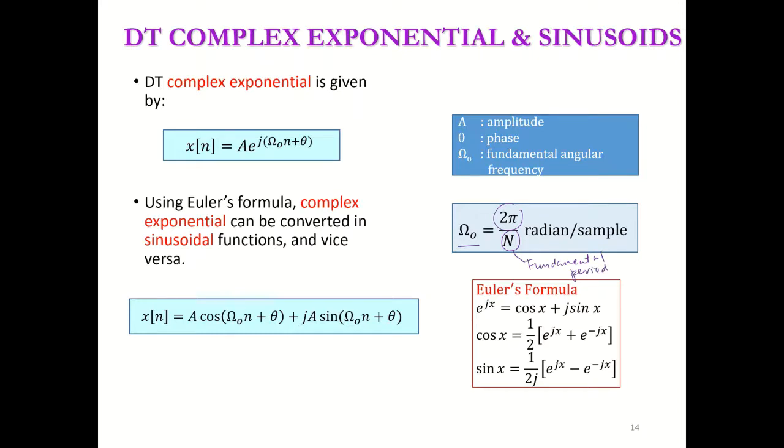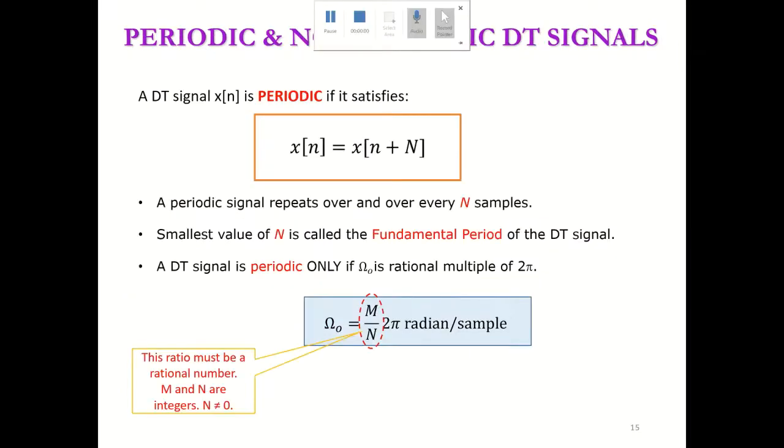Or we can say specifically for a DT signal, N is the number of samples where the signal repeats over and over. Right, the unit for omega naught is radian per sample.